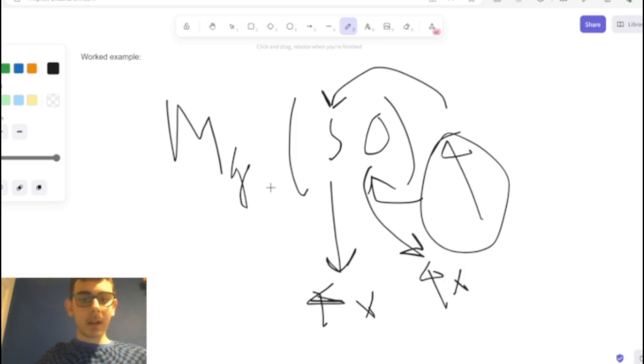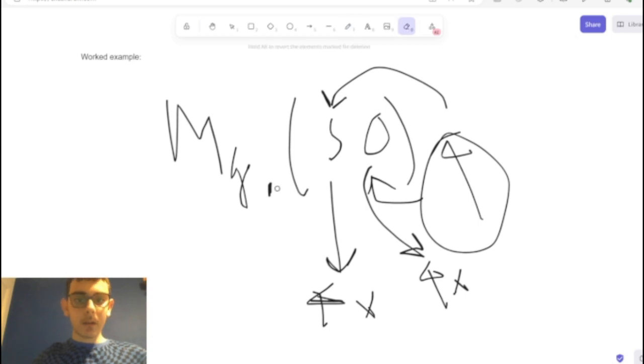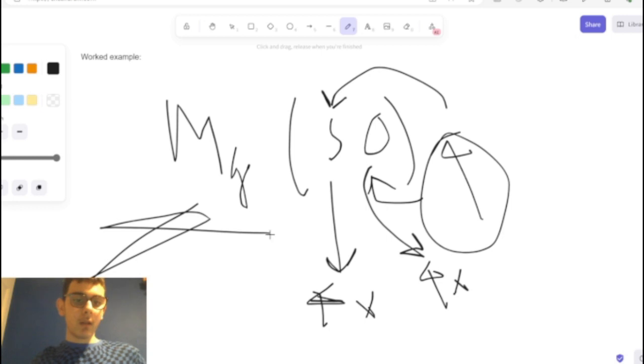And obviously there's no little number here, there's the imaginary 1 here. But remember, we do not write that, so let's just get rid of that. But that means there's 1 atom of magnesium. So overall we have magnesium, 4 sulfur and 4 oxygen to make magnesium sulfate.